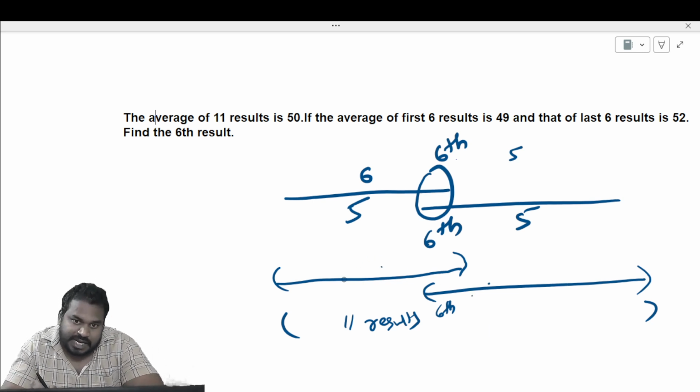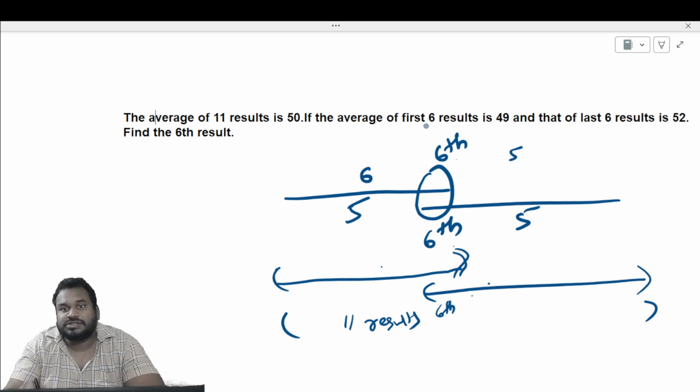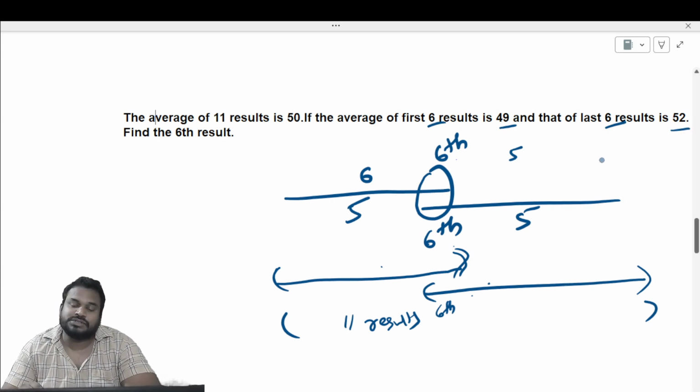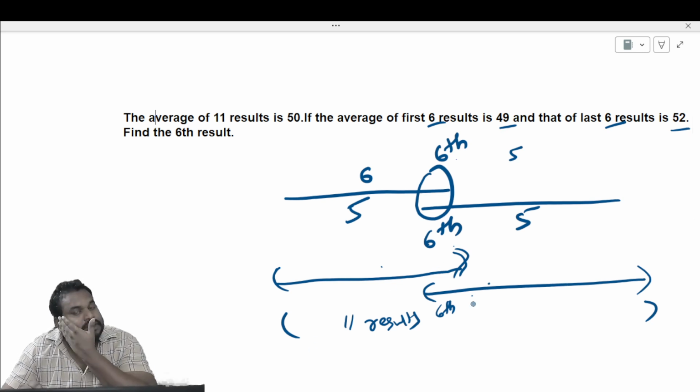First I will add the sum of the first 6 numbers, because he has given their average. Then the last 6, because he gave the average using them. I'll find their sum. Then I'll subtract the total of the 11 numbers. Then what would I be getting?